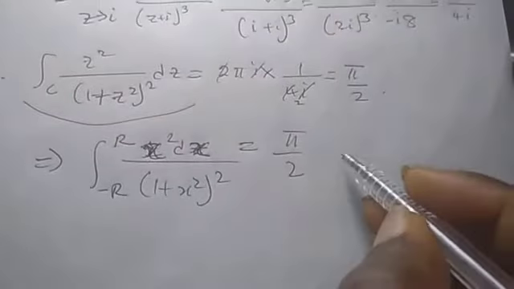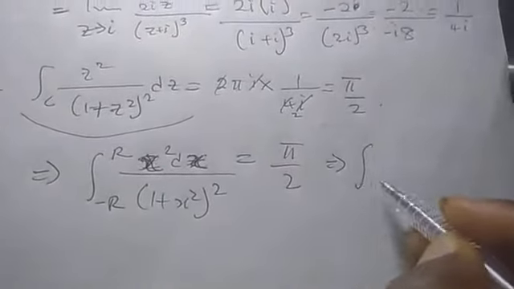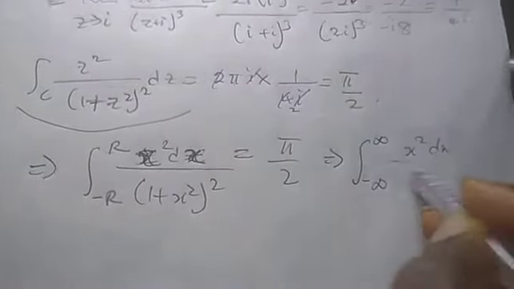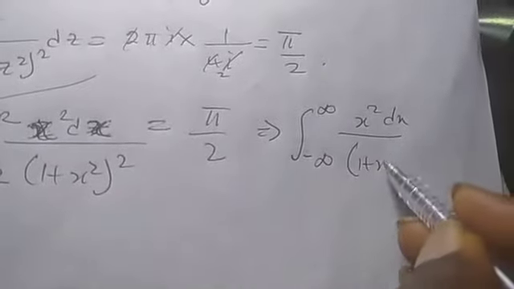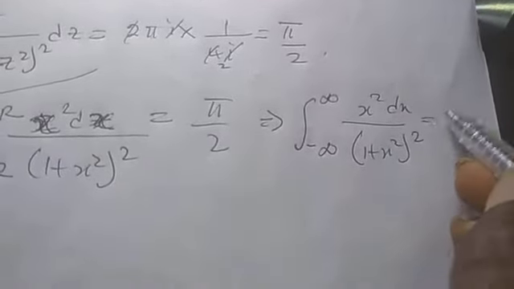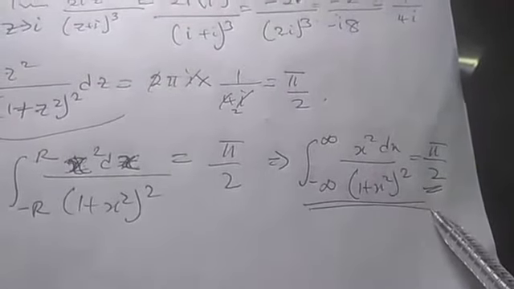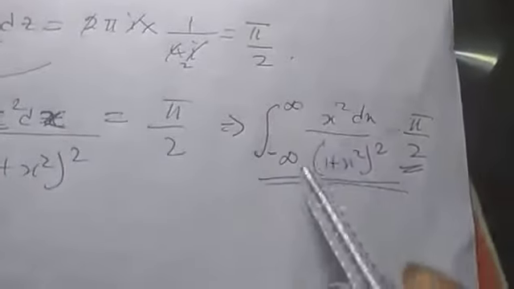If we take R to be infinity, as in our theorem, this will be the integral from minus infinity to infinity of x squared dx over (1 plus x squared) all squared, equal to pi over 2. Now this is the answer to this, but what we are looking for is 0 to infinity, not minus infinity to infinity.